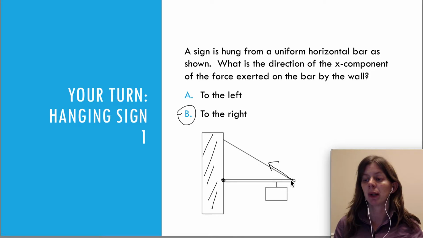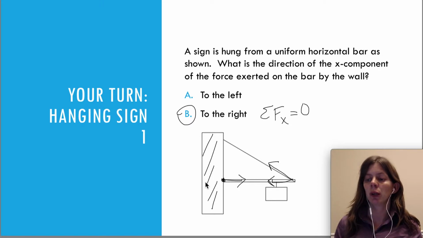The sum of the forces in the x direction being equal to 0 tells us that if there's a force to the left here, then there must be a force to the right here to balance it out, since this bar is not moving. I'm showing you this, even though you already knew the answer, to show you how to apply these conditions so that we'll be able to apply them to more complicated problems.